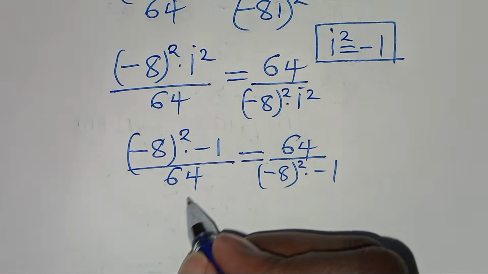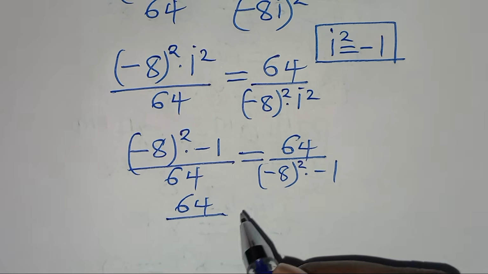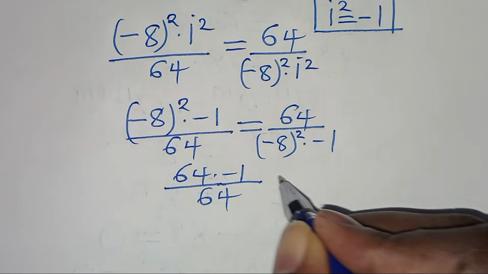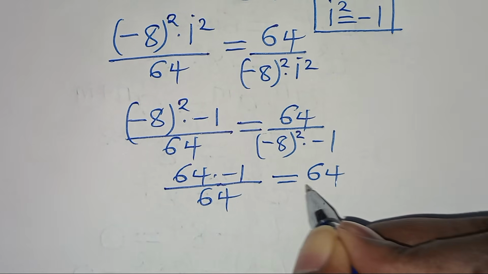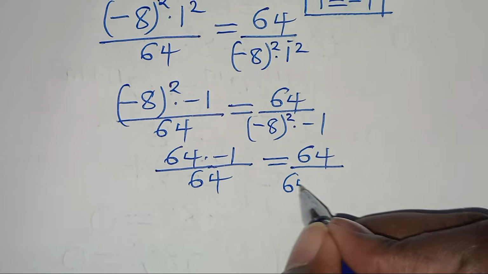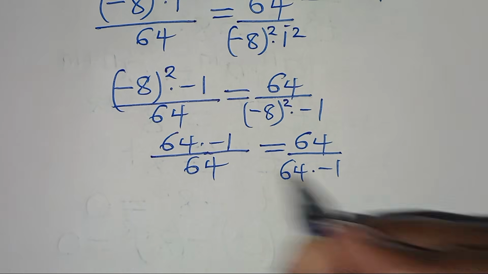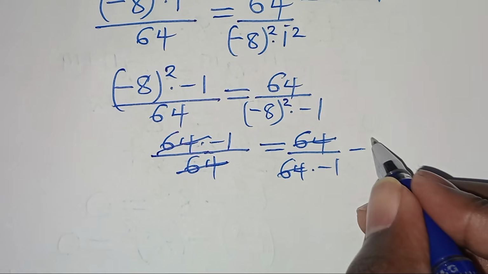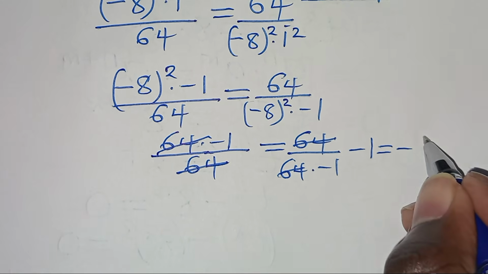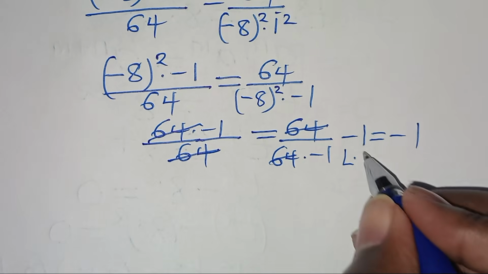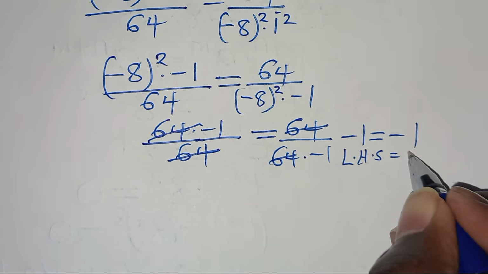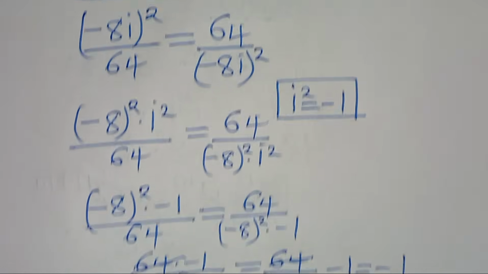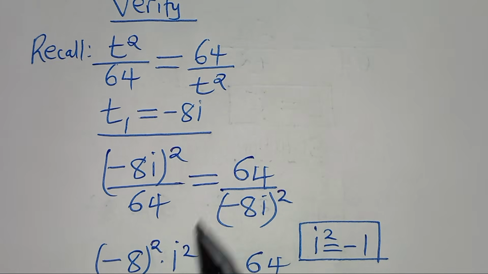So negative 8 squared is equal to 64, so we have 64 times negative 1 divided by 64, equal to 64 divided by 64 times negative 1. The 64 and 64 simplify here, so that we have minus 1 is equal to minus 1. So this implies that the left hand side is equal to the right hand side, and this implies that t1 satisfies the equation.